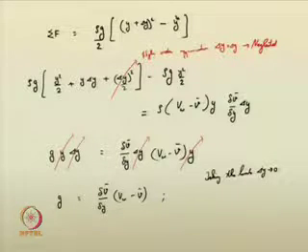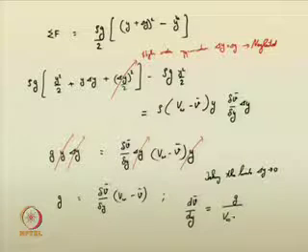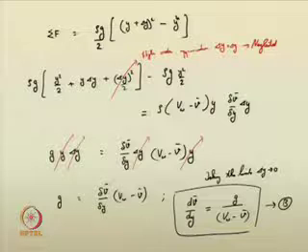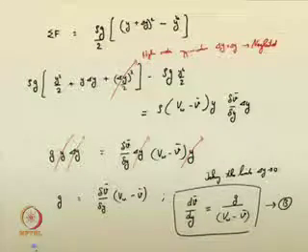So, I am getting the following relationship: dV bar by dy is equal to g by (Vw minus V bar). I will call this equation B. So, using the momentum equation as well as the continuity equation, you got the expression for dV bar by dy. You can combine them.